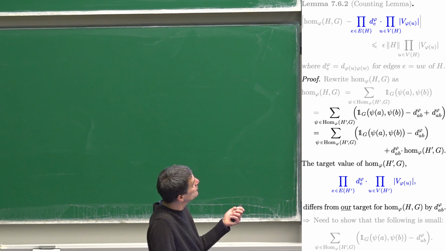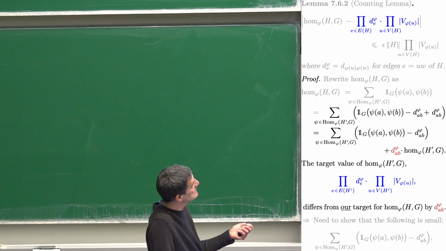It's a product over all the edges of the graph, which is now H prime, of the numbers d to the phi of that edge. So this product here differs for H prime, and it differs precisely by the factor that we have written in front of it. That's missing.